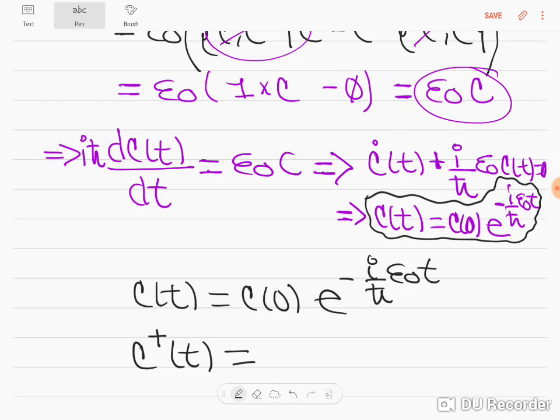So the dagger in a matrix first transposes the matrix and then conjugates the matrix. But in this case, for a scalar, just conjugates this time independent operator, and then it complex conjugates this phase factor e to the minus i over h bar E0 t, which becomes e to the i over h bar E0 t.